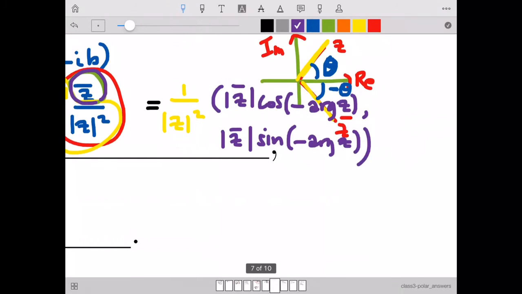Since this is equal to absolute value of z, we can cancel this and one of these.